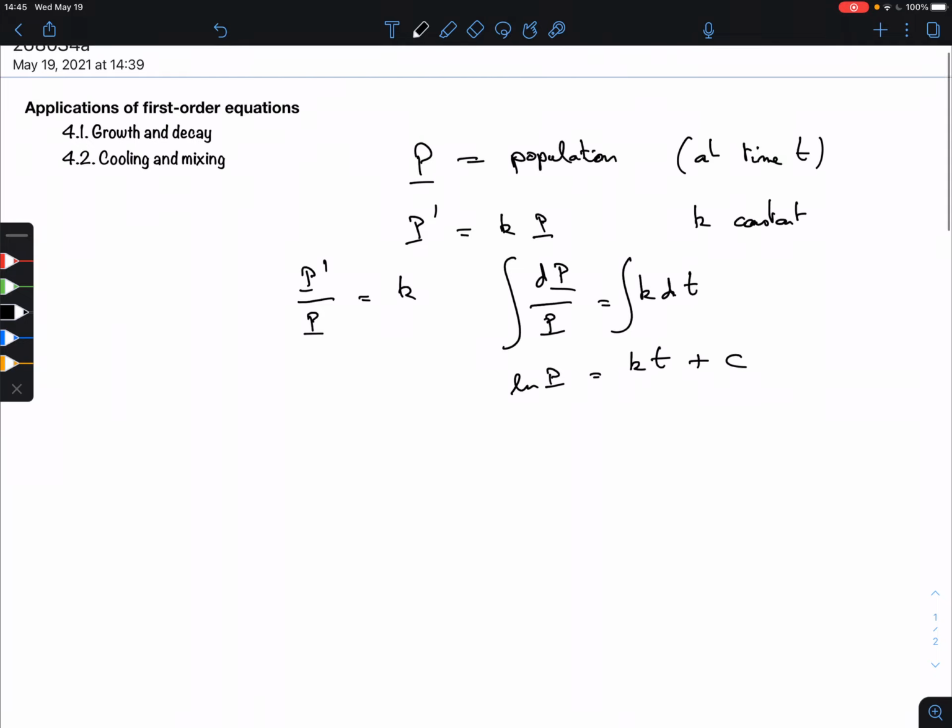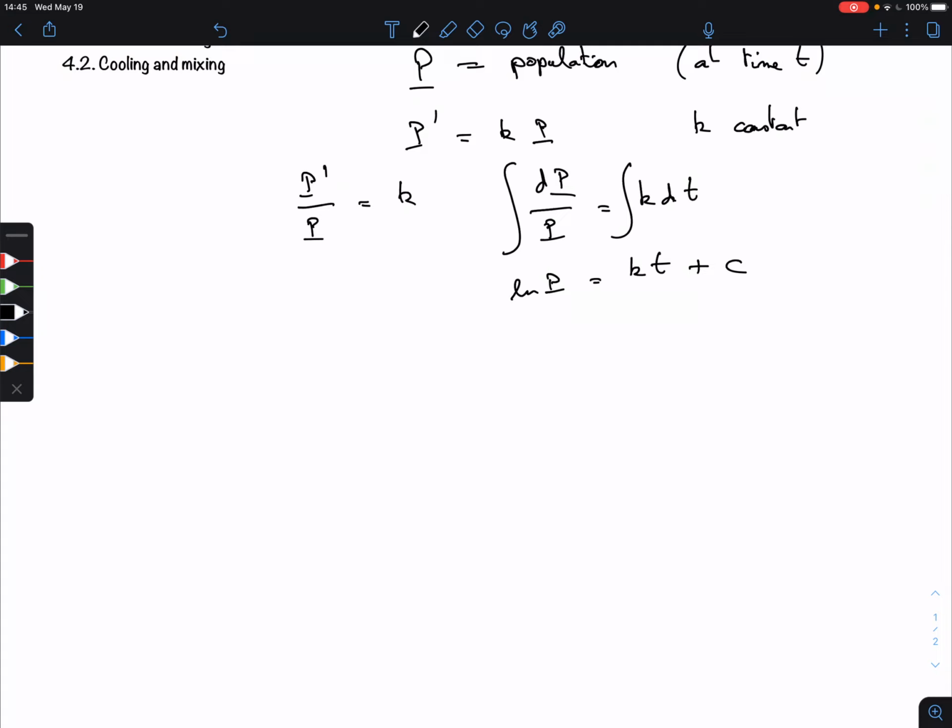Of course, there is an integration constant here. To solve for P we exponentiate, e to the ln P is just P, right? And then here we have, let's call this constant D perhaps, because I'm going to rename it later, e to the KT plus D, and then we want to split off this constant because it's just a constant, so I can rename it later, but the real juicy part is in the second part here, where the dependence on T is.